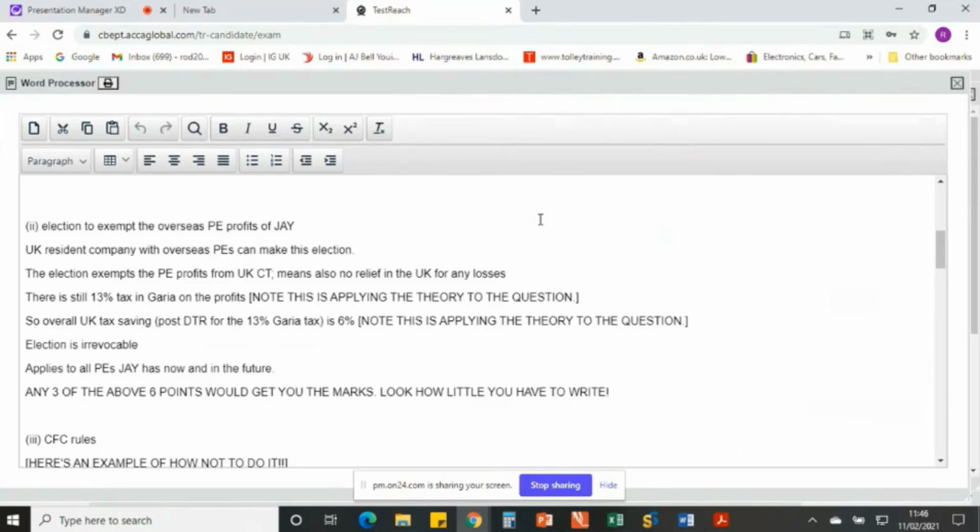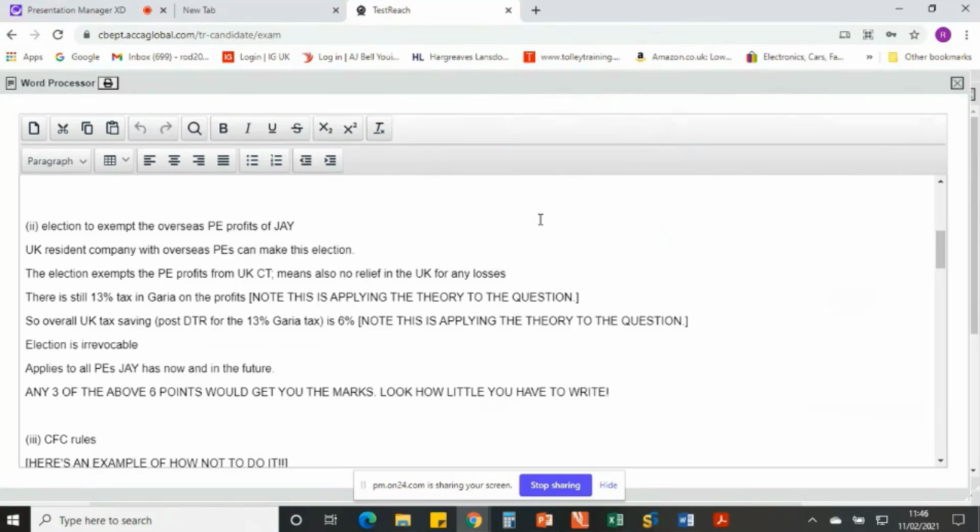So it's either don't make the exemption, it's 13% in Garia and 6% extra in the UK after double tax relief. Make the election, it's 13% in Garia. The difference is 6%. So you save yourself the 6% extra UK tax after taking off the double tax relief. If it was a UK resident company, you save yourself that if you go for the PE exemption.